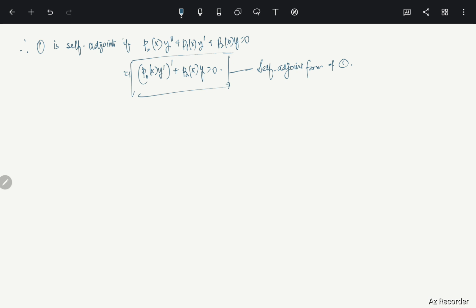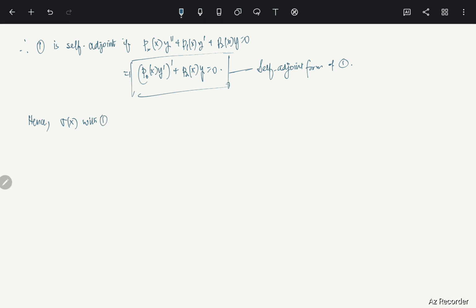Is this clear? Okay, so this is the form. So you see, hence what did we find? Let's just understand that. We multiplied, let's say, sigma of x with 1.